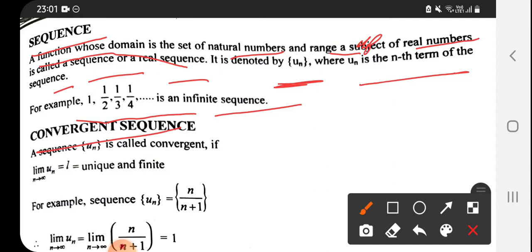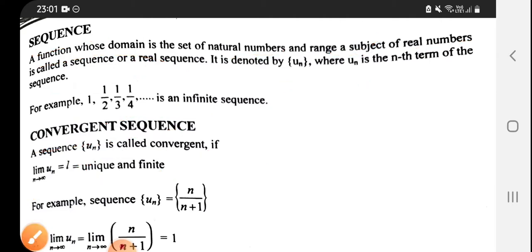Convergent sequence. A sequence un is called convergent if the limit as n tends to infinity of un is equal to L, a unique and finite number. For example, n divided by n plus 1.